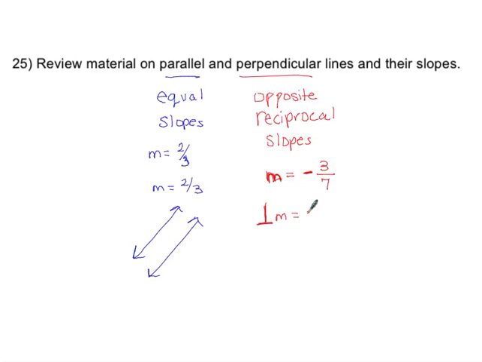So if this is negative, this is going to be positive. Then you take this and flip it over. So this one will be a +7/3. If one line is going down 3, right 7, the other one has to go up 7, right 3, and these have to be 90-degree angles.